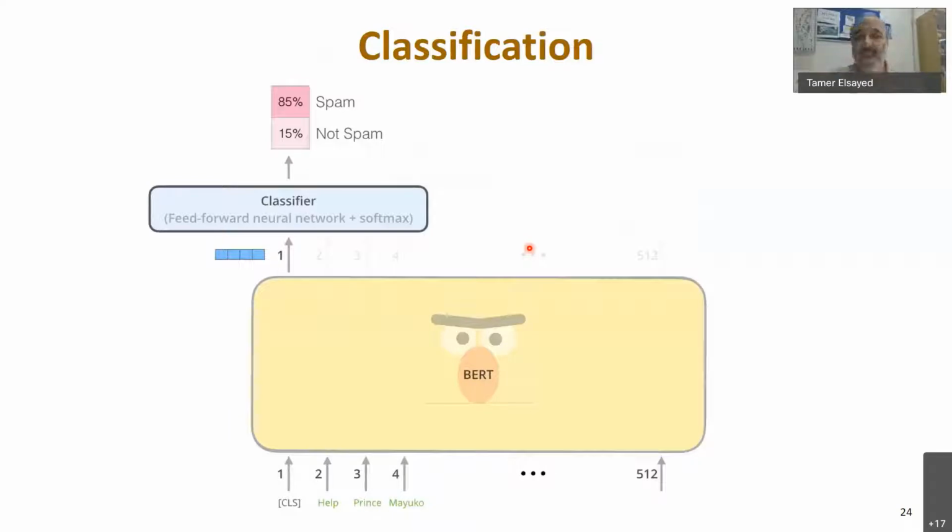Just to give you a quick idea of how BERT is used, let's assume that we learned a BERT model. When we input a sentence like this, for classification tasks in particular, we use the embeddings that correspond to the CLS token, the first token, which is considered like the summary of the sentence. So instead of aggregating embeddings for terms ourselves, this is a learned embedding for the sentence.